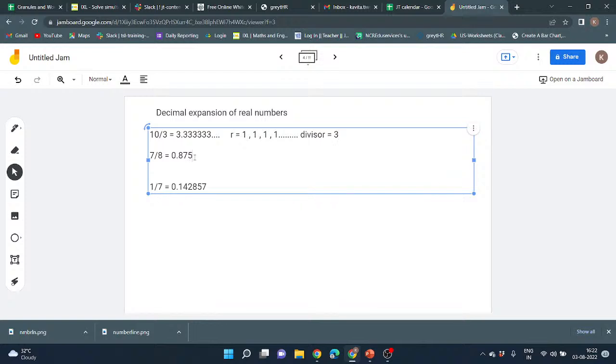In the second case, the remainder vanished. The remainder was first 6, then 4 and then 0. So the remainder vanished after a certain point, where the divisor was 8.